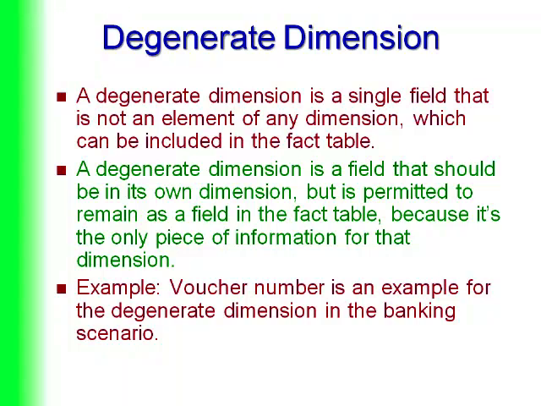That is to say, a degenerate dimension is a single field that is not an element of any dimension, but which can be included in the fact table. It is permitted to remain as a field in the fact table because it is the only piece of information for that dimension. For example, voucher number is an example of a degenerate dimension in a banking application.